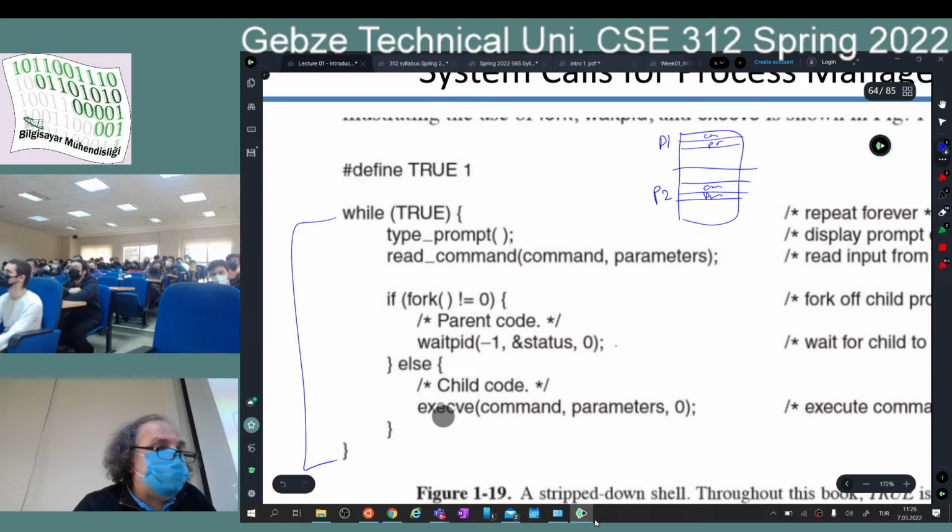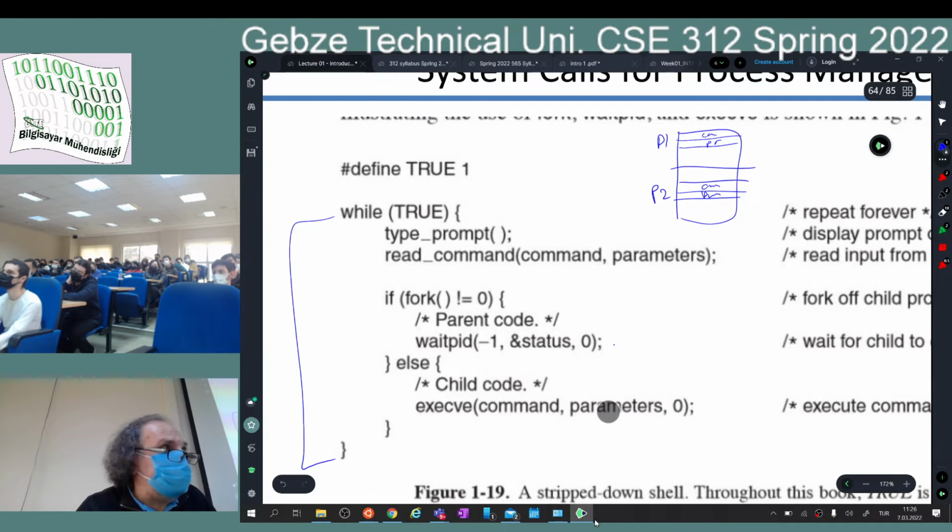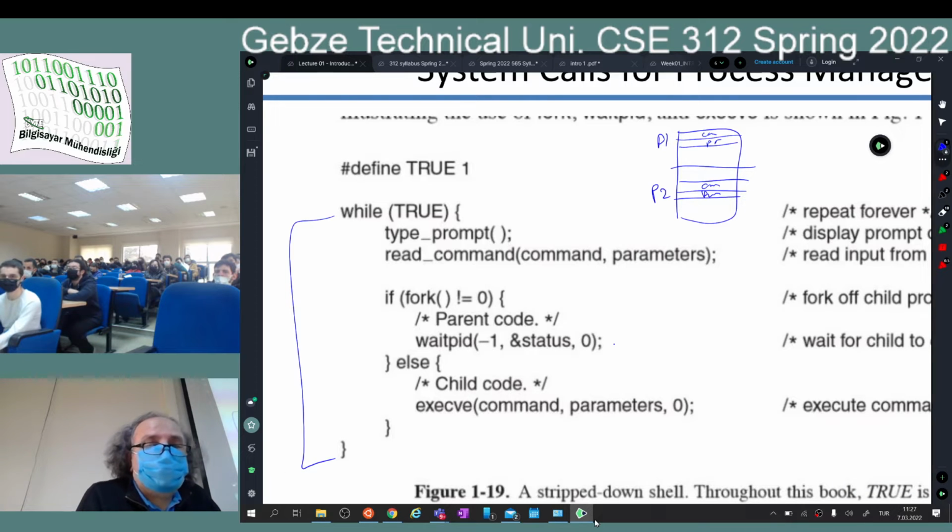In a system call, remember this exec VE has a system call number along with the parameters. So these parameters are passed to the operating system, and the operating system loads the first parameter along with the other parameters. So this information is fed to the operating system, and the operating system takes care of it.